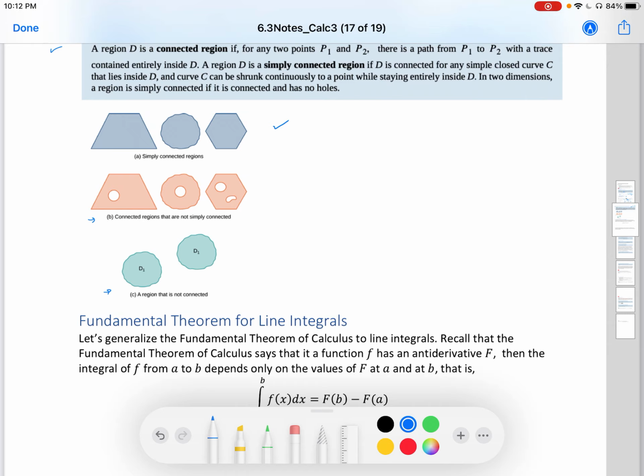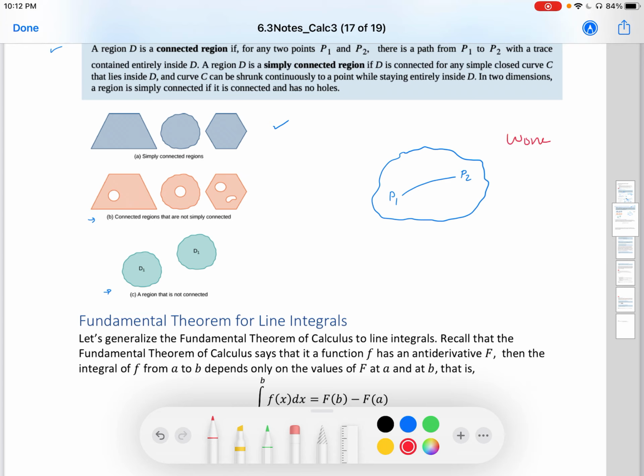connected. Now, the reason we're setting up this space in which we're working is that we're trying to figure out the work done to get from point 1 to point 2. We want to find the work.